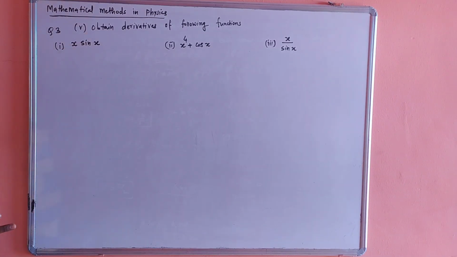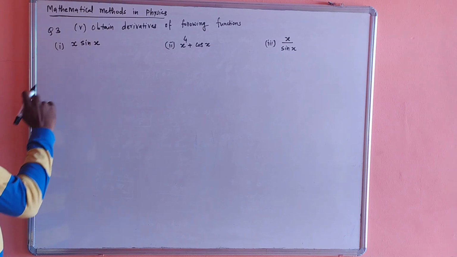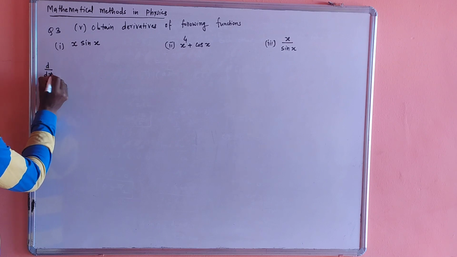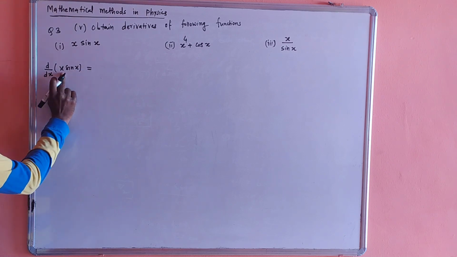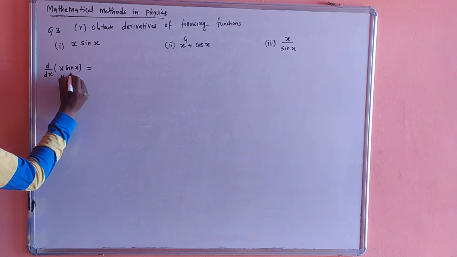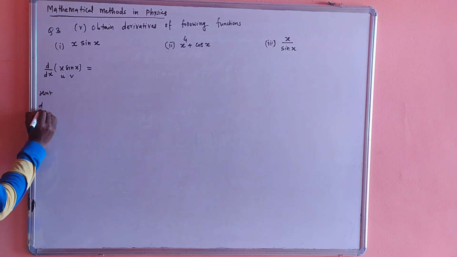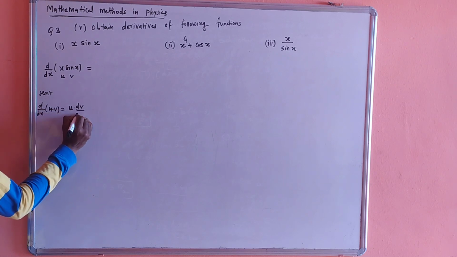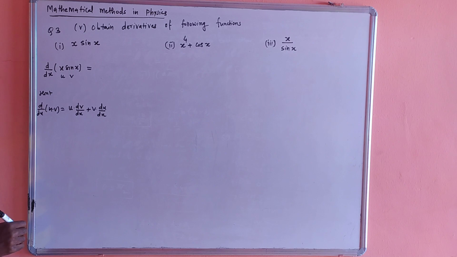This is problem number 5 from question 3. Obtain the derivative of the following functions. The first function is x into sin x. So we have to take the derivative of, that means d/dx of x into sin x. Consider x as u, and sin x as v. The formula hint: derivative of u into v is u into dv by dx plus v into du by dx.